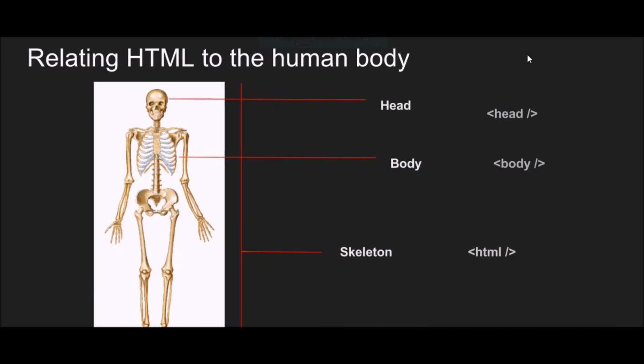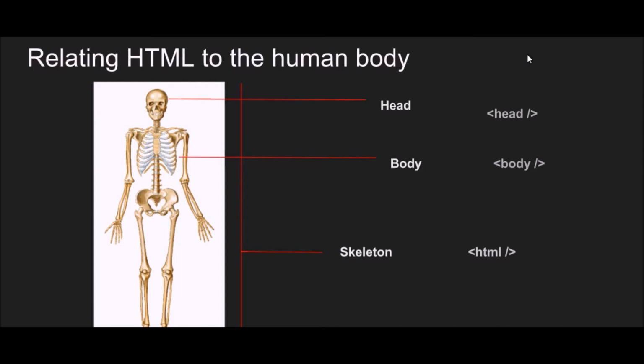Just like a class, I would like to take HTML as a real world example of the human body. If you take the human body, you have a head, you also have the body. Everything comprises a skeleton. The whole thing is a skeleton. Similarly, if you take the HTML language, the skeleton can be called the HTML. That's the whole structure. And in the HTML, you have to have a head as well as a body, but these are two separate components in the HTML page.